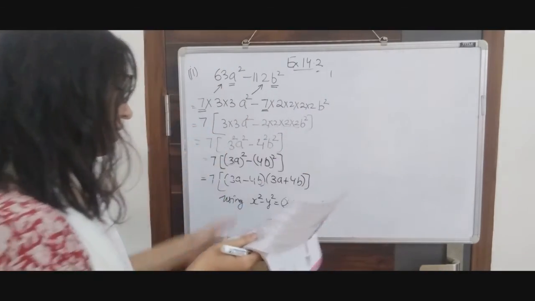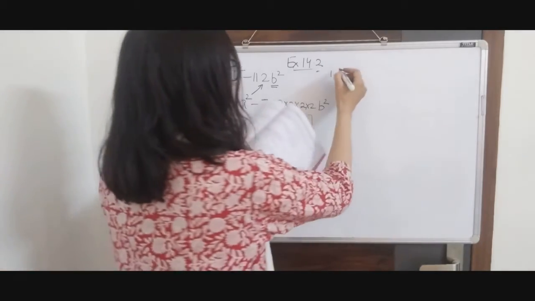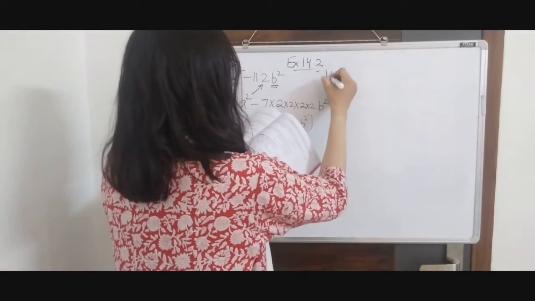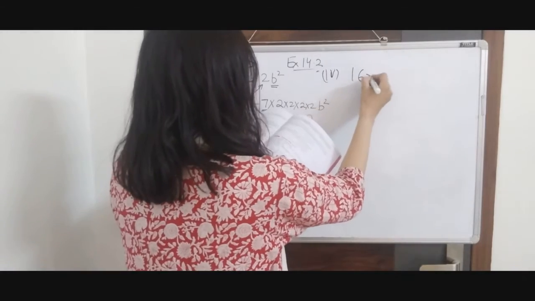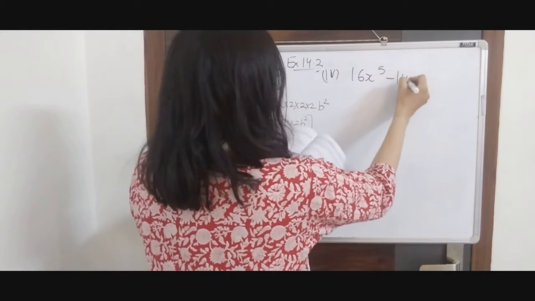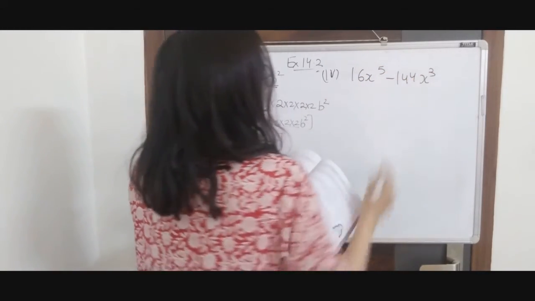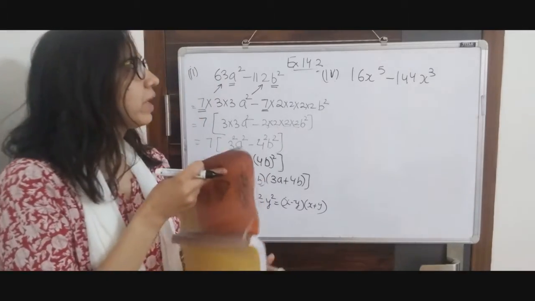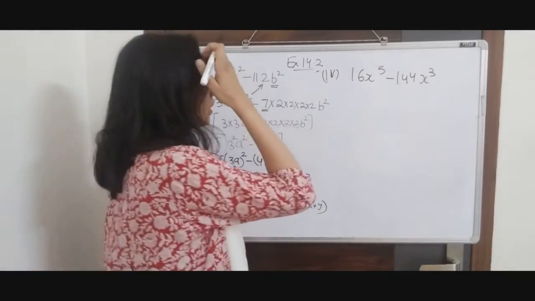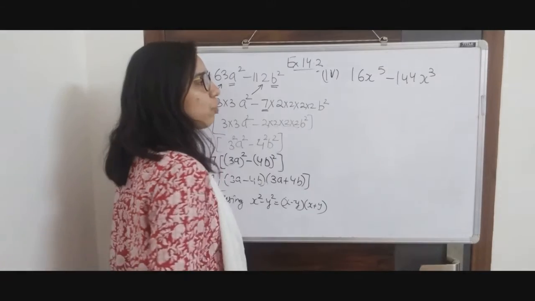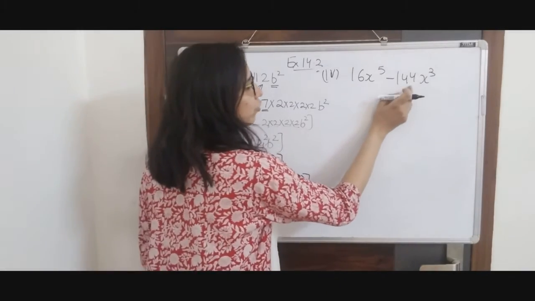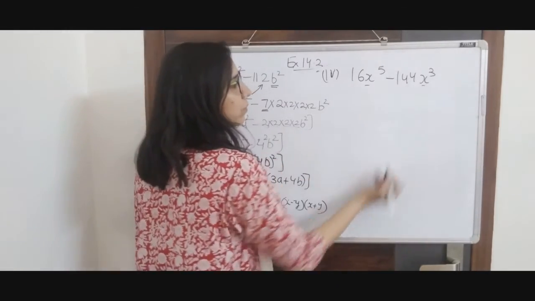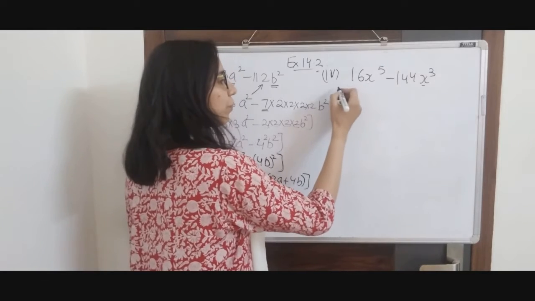Next one is the fourth part, which is 16x⁵ minus 144x³. Now this is again different. How? See that this number can be written as 4 ka square. This number can be written as 12 ka square. But what about these variables? So again we will do the prime factorization.